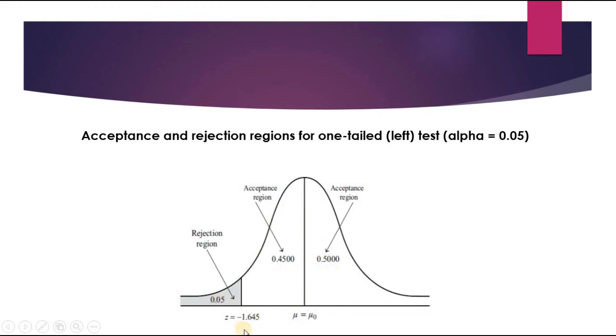For this 0.05, my tabulated Z value is minus 1.645. This value can be found in your Z value table. When you calculate your test statistic, if it is greater than minus 1.645, it falls into the acceptance region. And if it is significantly less than minus 1.645, the null hypothesis gets rejected.